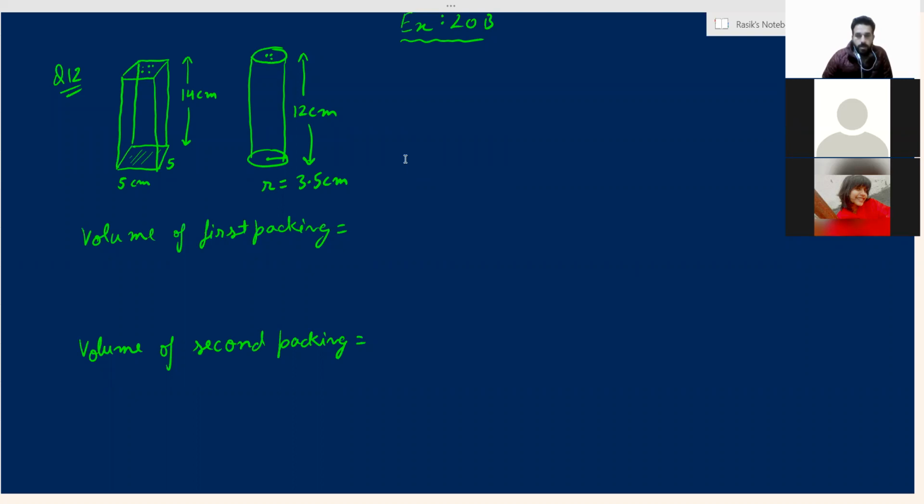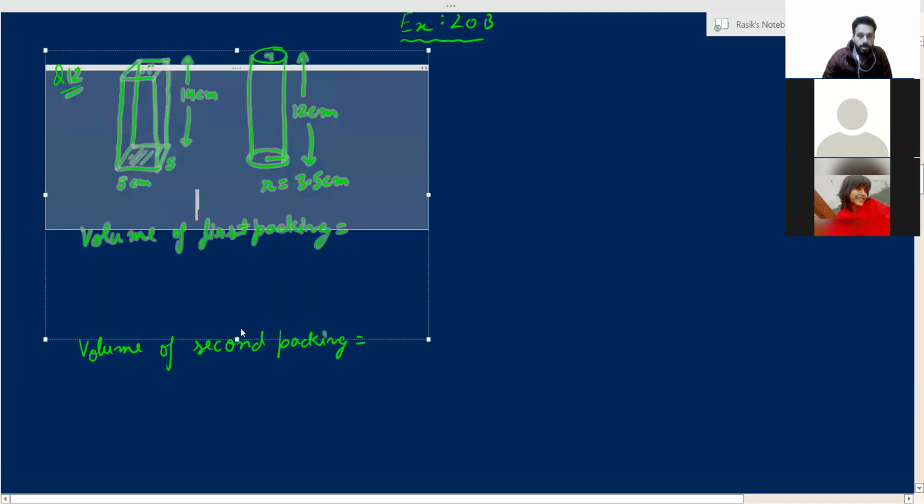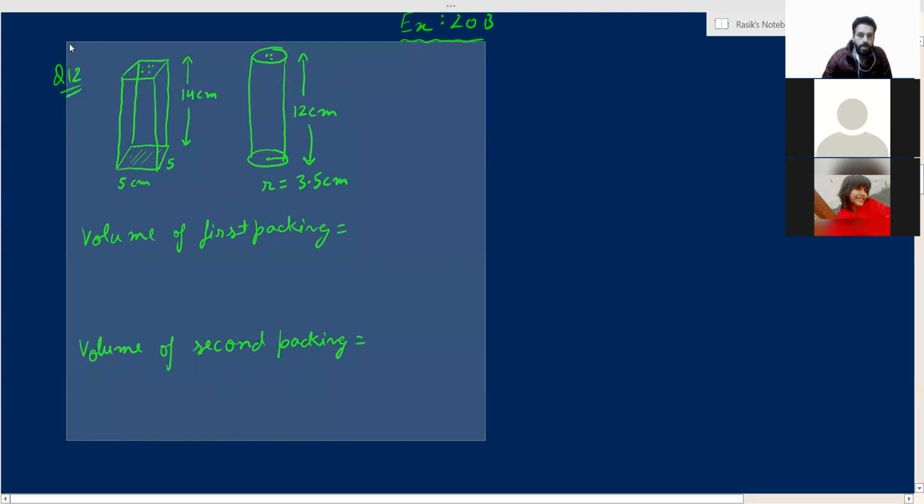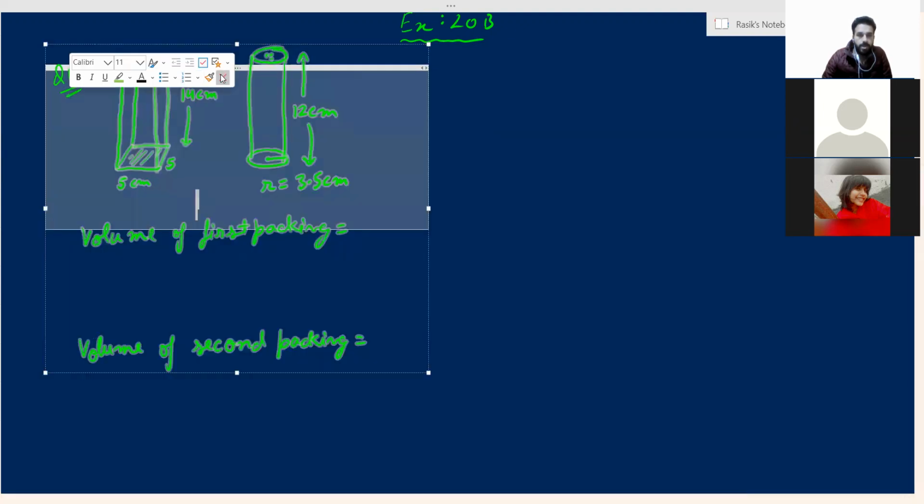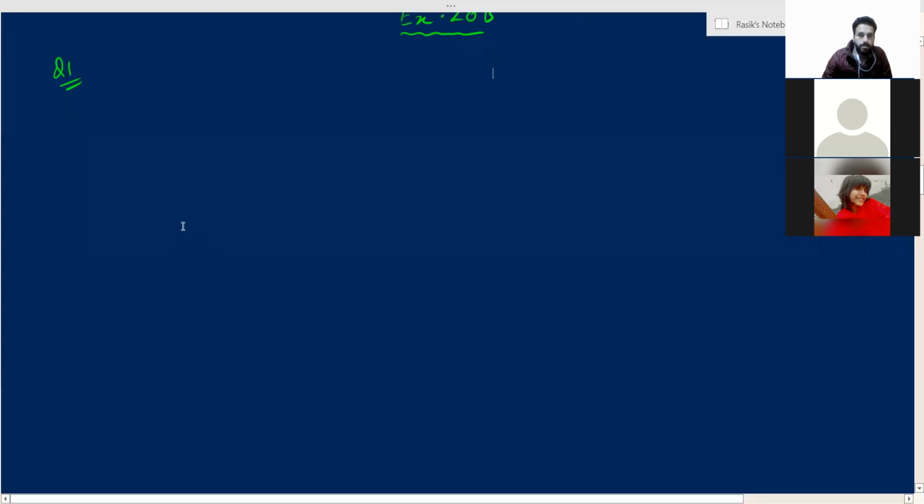Yes, Pranjali. Lateral surface. Very good. The curved surface area. We will calculate the lateral surface area. Lateral surface area or curved surface area is the same thing. So we have to calculate the curved surface area of the pillars. Why the curved surface area only?